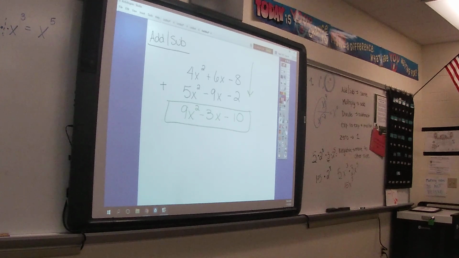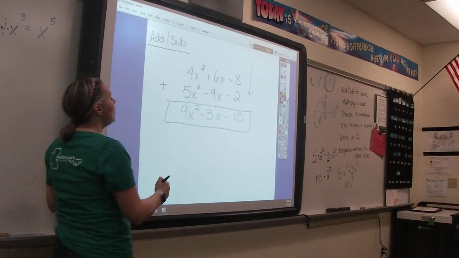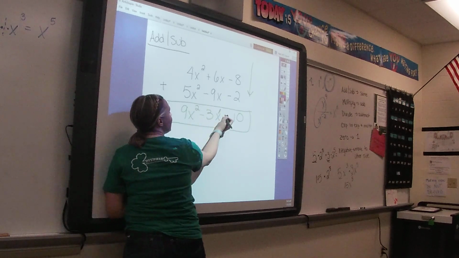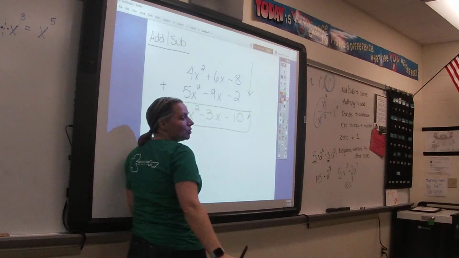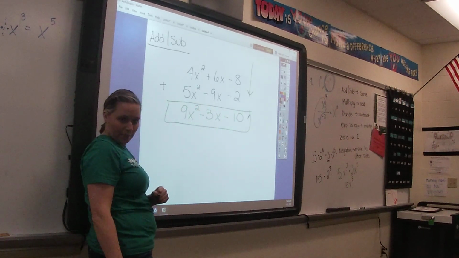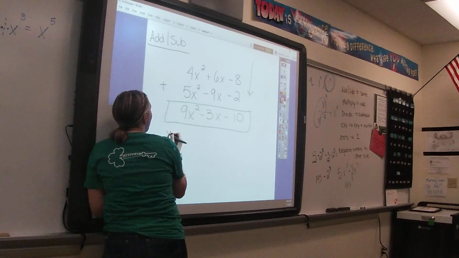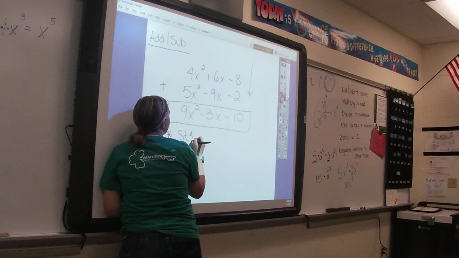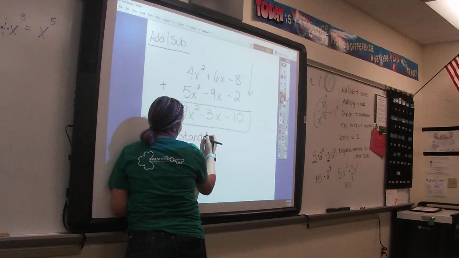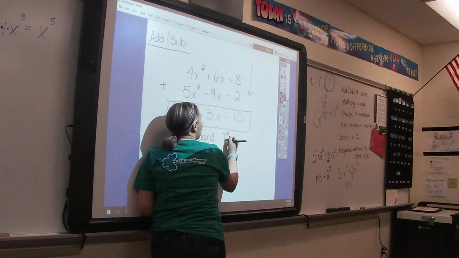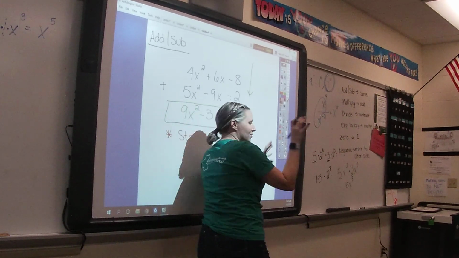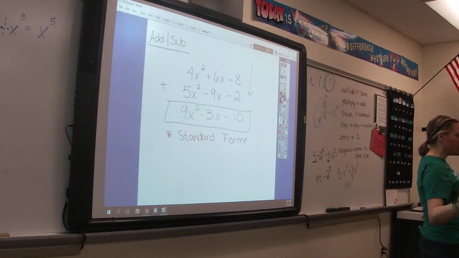And it is agreed upon that when we are working with polynomials, we will write them from largest exponent to smallest exponent. So we always need our answers to be in standard form. Otherwise, we could all have our terms shuffled in a different order.